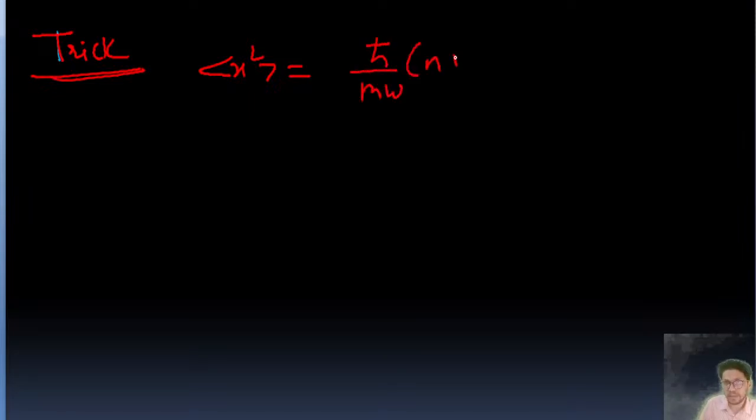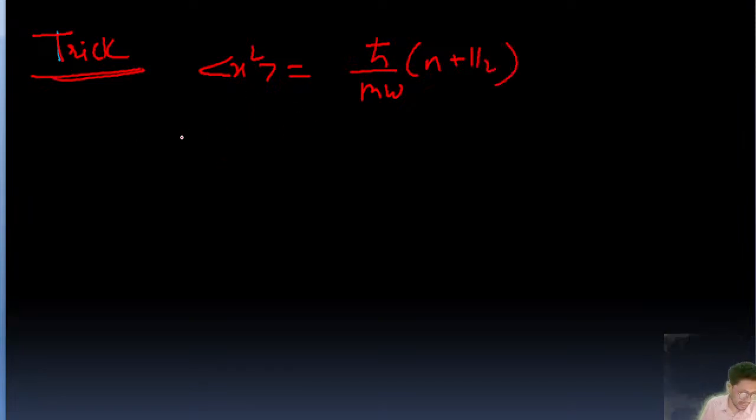The trick is this. We know the expectation value of x square, which you need to note down, is h cut upon m omega times n plus half, right? You can easily find it for any state.